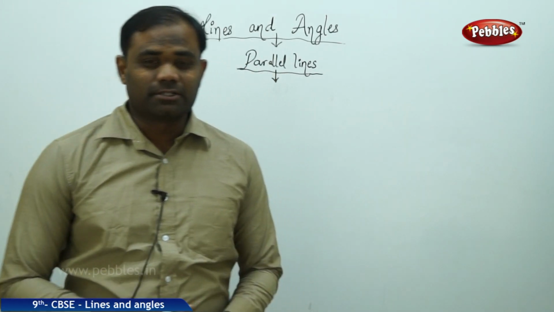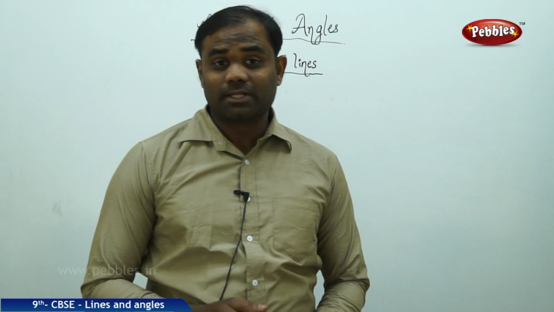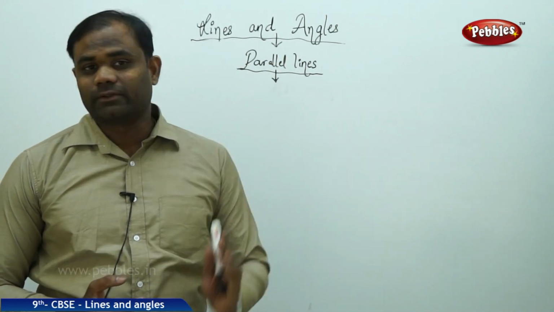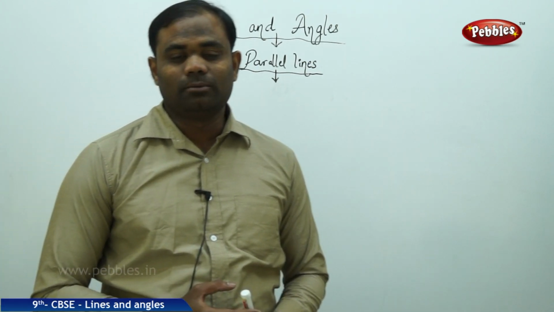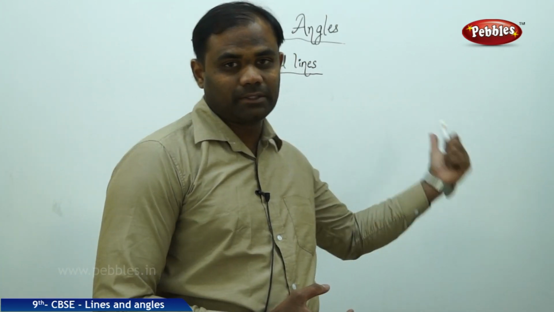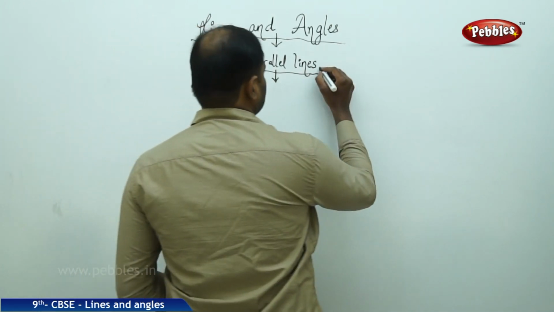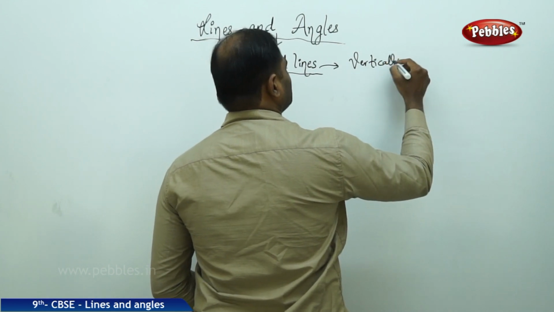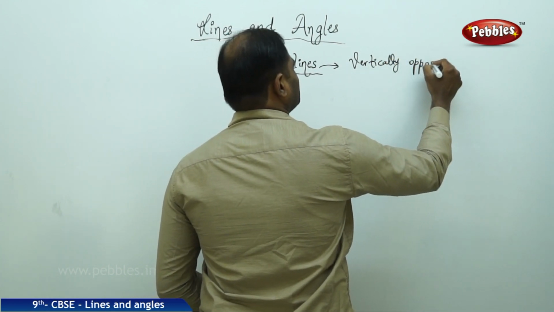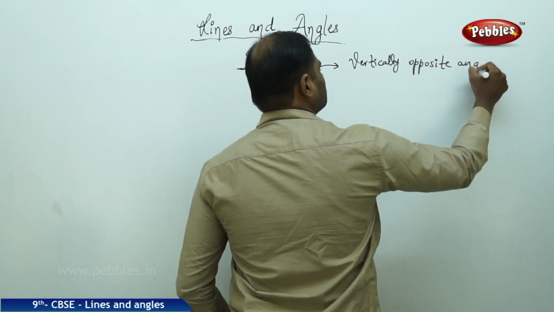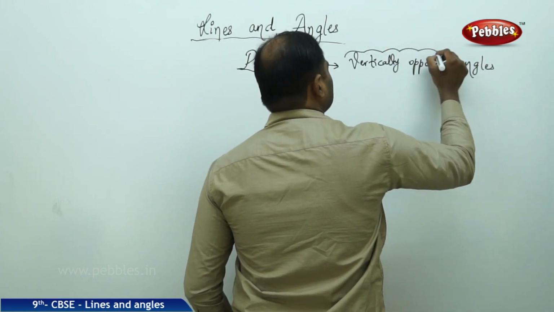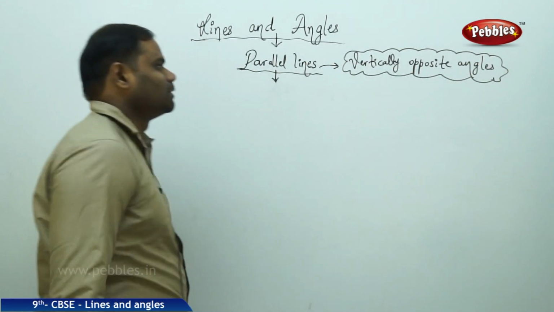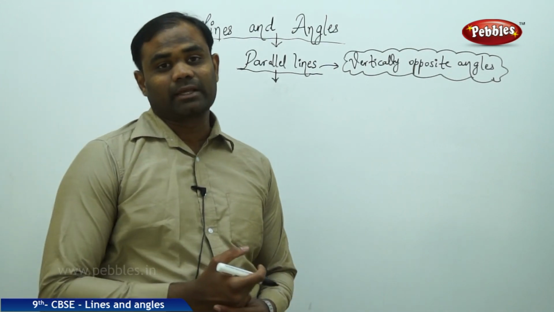Now next is the discussion of vertically opposite angles when two lines L1 and L2 are parallel, cut by the transversal. Vertically opposite angles in a pair of parallel lines. Let's see what vertically opposite angles are.